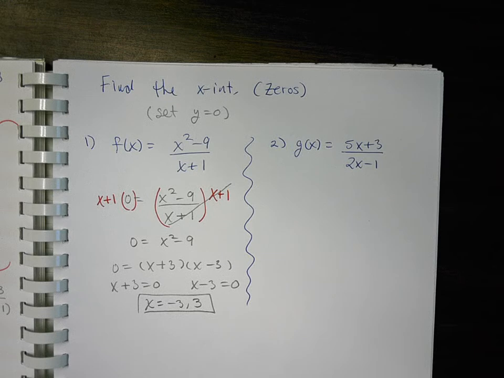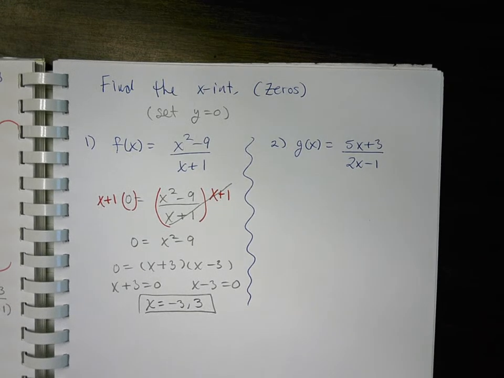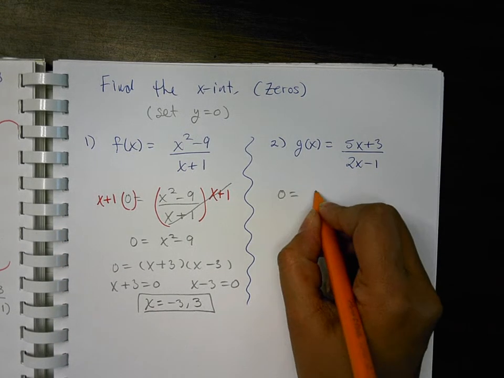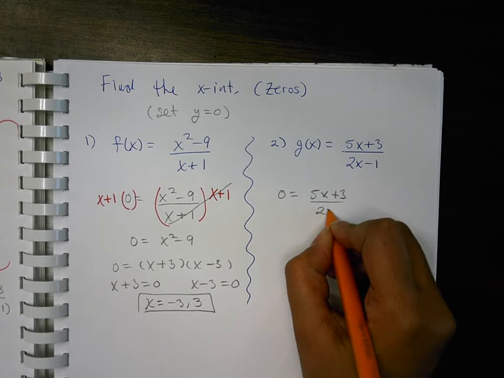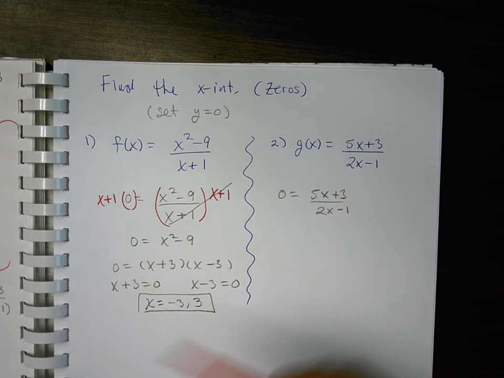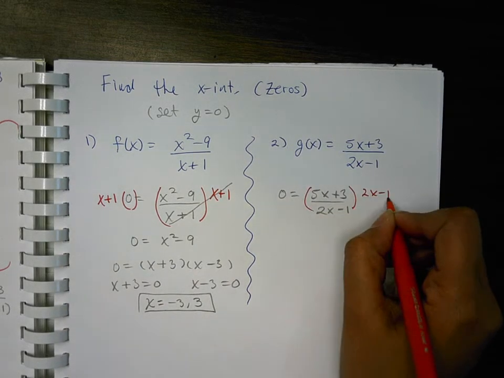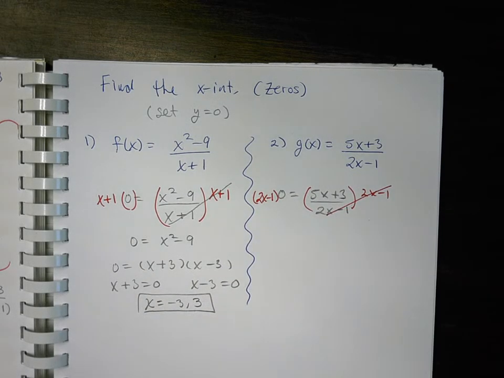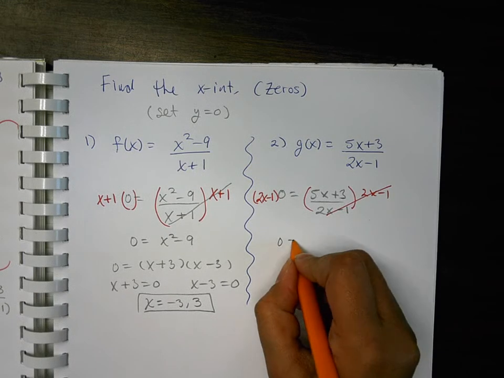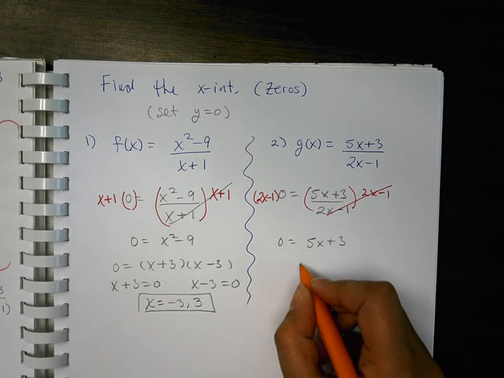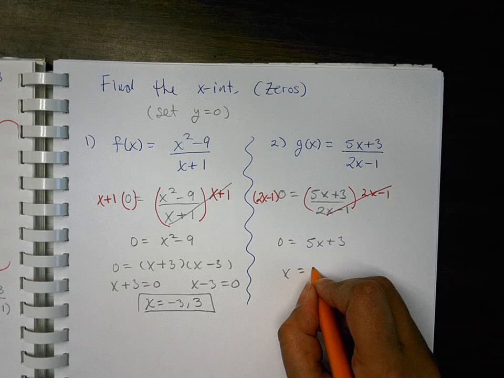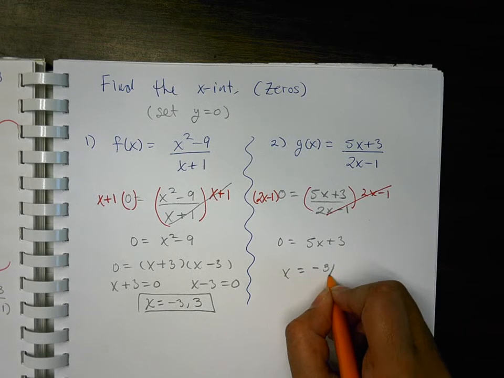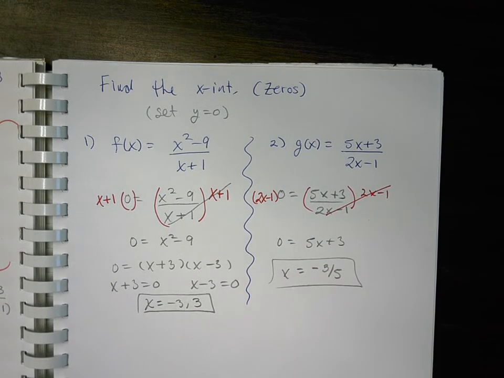All right. What did you guys get? Negative 3/5. You guys said it equal to 0? And what did you multiply both sides by? By the denominator of 2x minus 1. Does it cross out on both sides? Well, it crosses out on this side, and this side it multiplies to 0, correct? 0 equals 5x plus 3. Subtract, divide. x equals negative 3/5. Okay, questions on that?